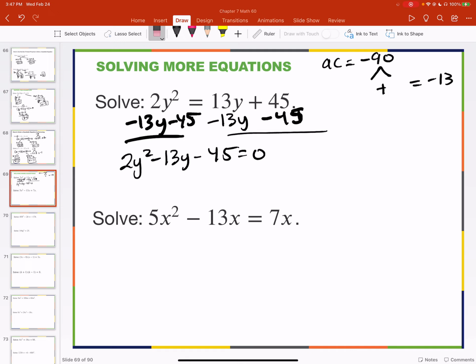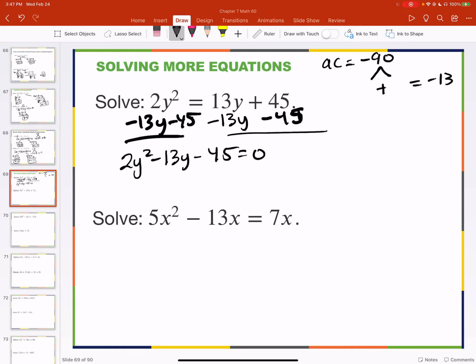So let's see, what are the factors of 90? We have 45 and 2, 15 and 6, 10 and 9, 30 and 3.